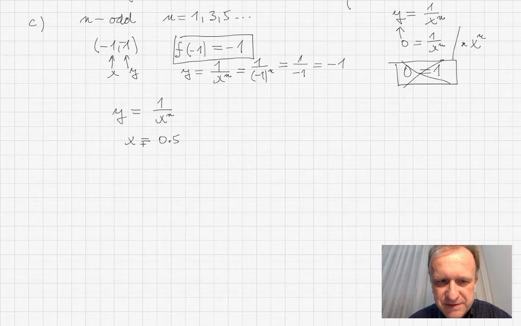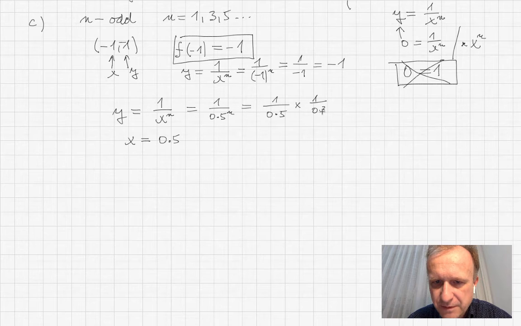Take the function at x equals 0.5. For this value, it is actually 1 over 0.5 to the power of n. It means that it's 1 over 0.5 times 1 over 0.5 times etc. times 1 over 0.5.